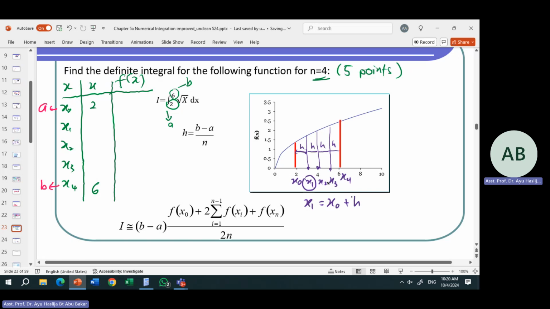Now, we need to find what is the h. Okay, so find your h from this equation. Correct. B is 6, A is 2, divide by N is 4. So you will get 1. Your H is 1. Correct?